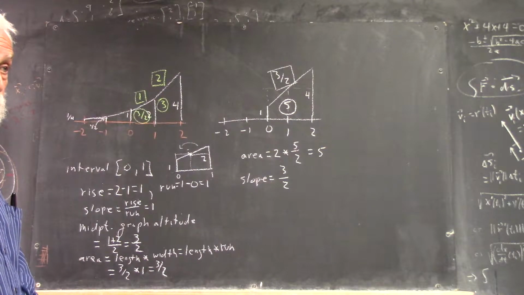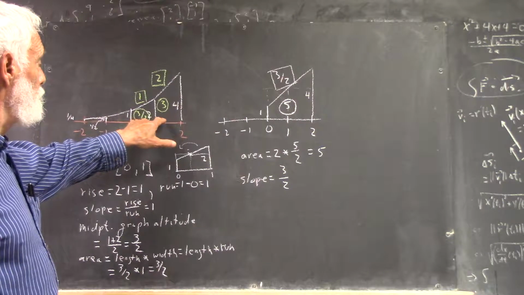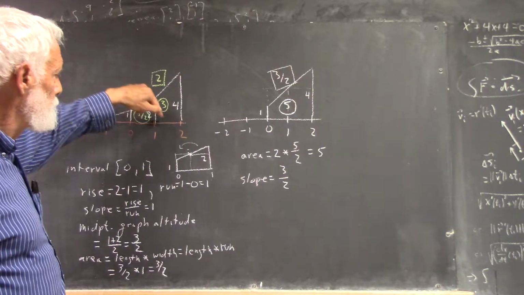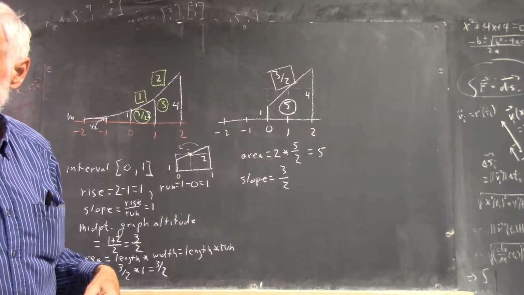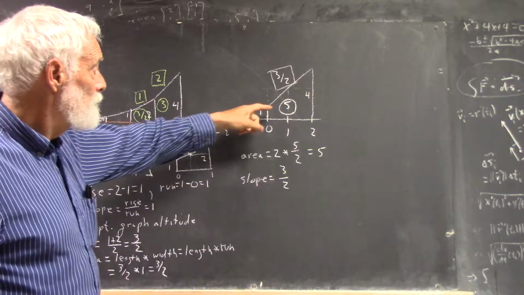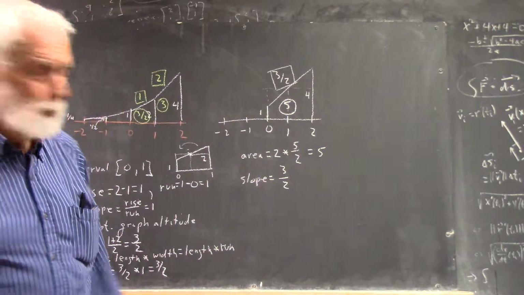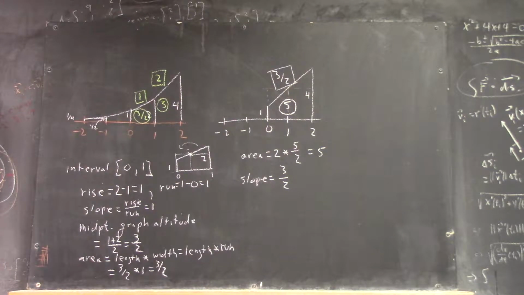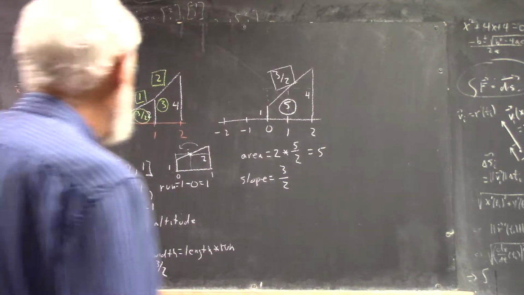So the region beneath these two trapezoids has area 4.5. This has area 5. Why does this have more area than this one? It's the same graph. We must have done something wrong.